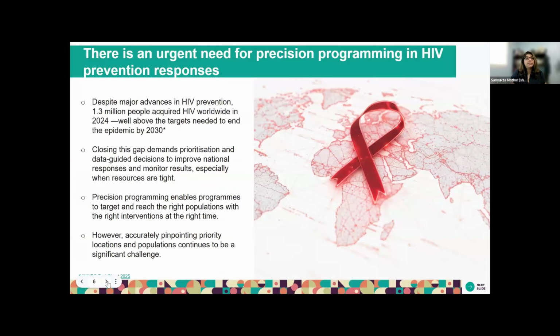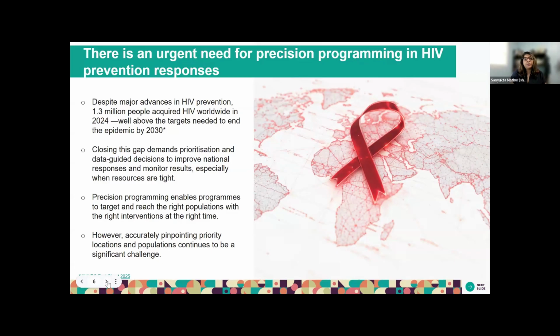Why do we need cascades? Well, we're still grappling with an expansive HIV epidemic. Over 1.3 million people acquired HIV worldwide in 2024. We are far from the targets we need to end the epidemic.